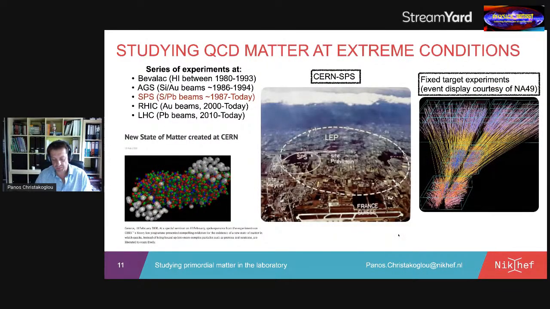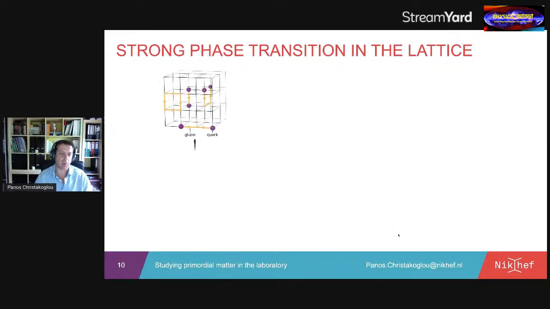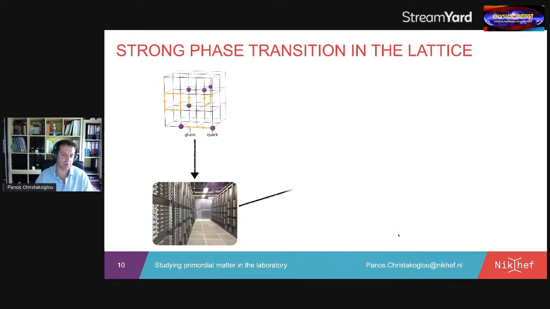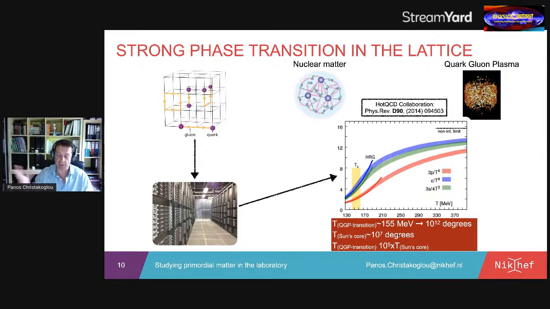Now, this type of conditions, we expect them to be formed in the laboratory by colliding heavy ions which are accelerated at very high energies.